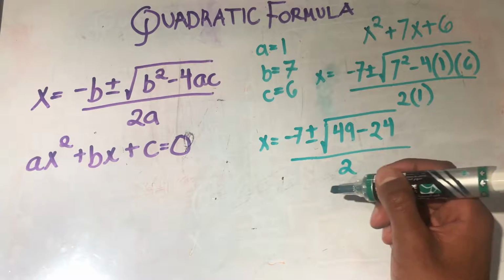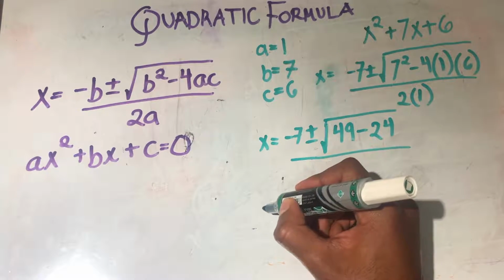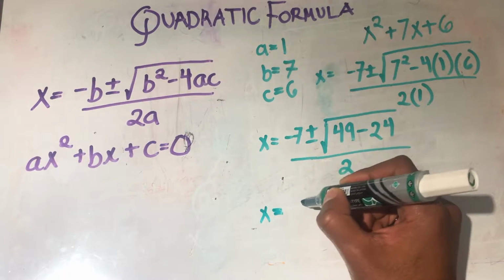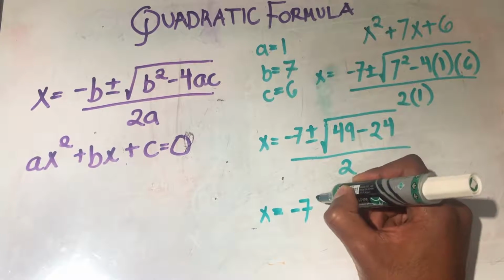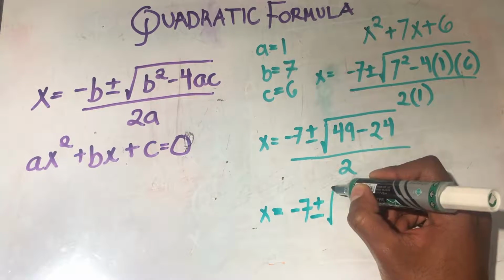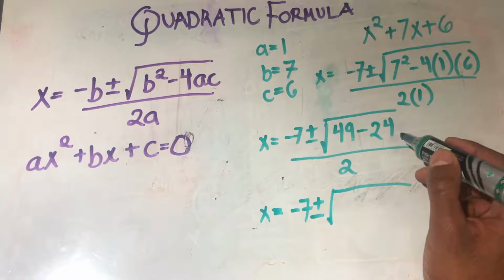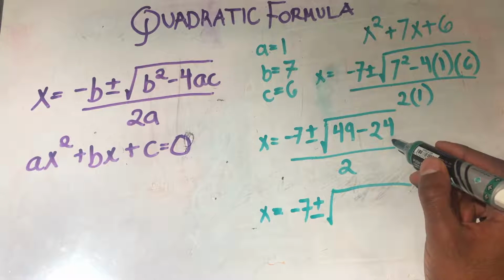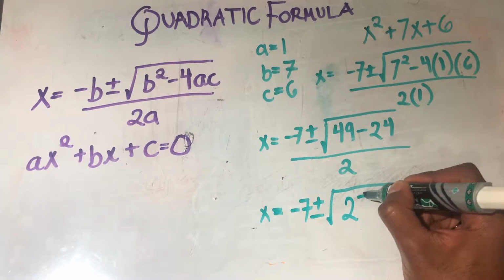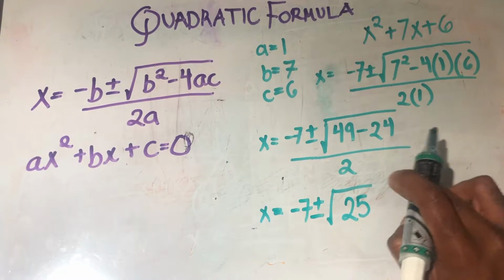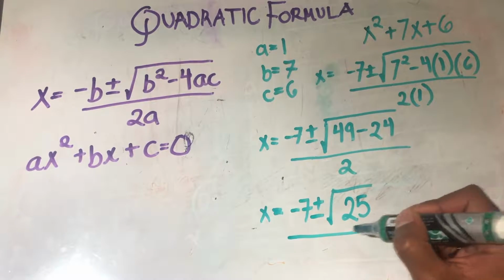Now further simplifying this, we get x is equal to negative 7 plus or minus the square root of 49 minus 24, which is going to give you 25, over 2.